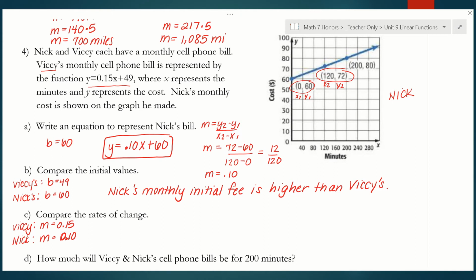So in this case, it's the cost per minute. So what does that mean? Vicky pays 15 cents per minute, and Nick pays 10 cents per minute. So to compare them, we can say Vicky pays more per minute than Nick.